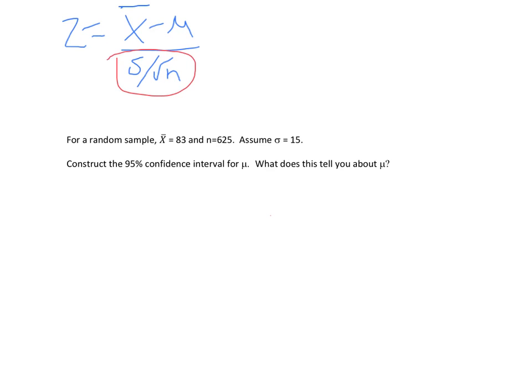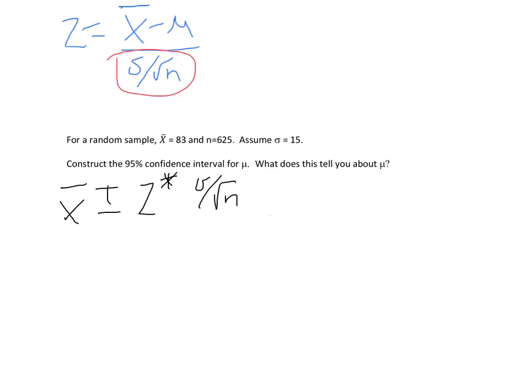So to calculate a confidence interval, what you do is have your value, plus or minus your critical value times your standard error, which in this case is sigma over root n. So from here we can plug in the values based on what we saw before.